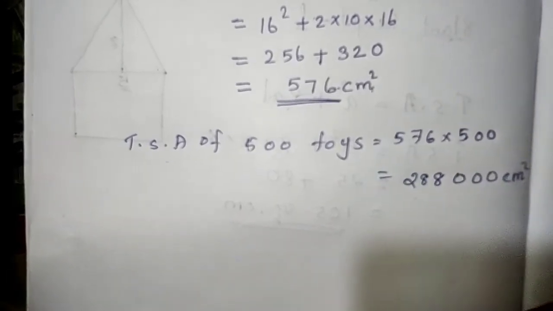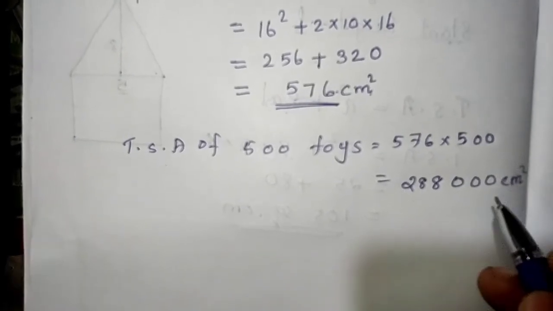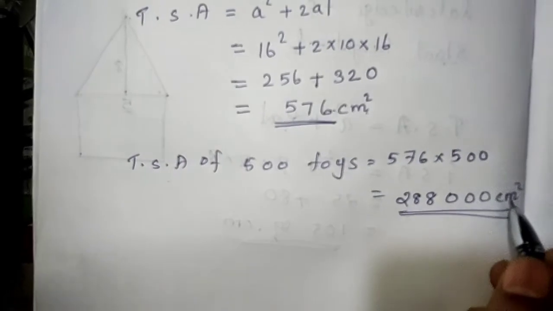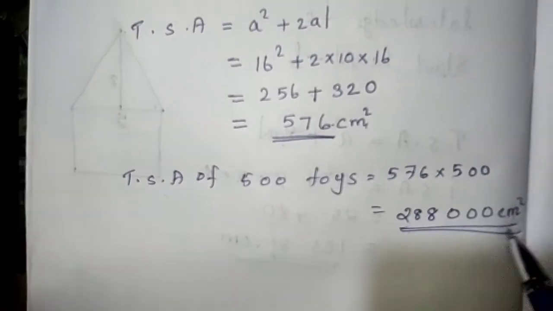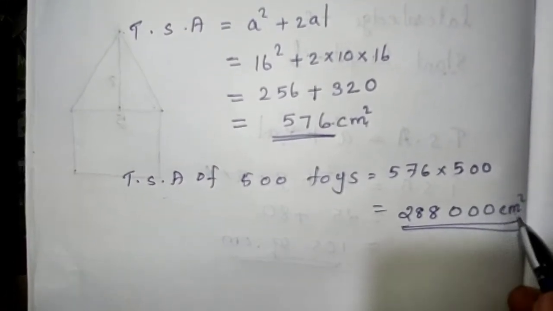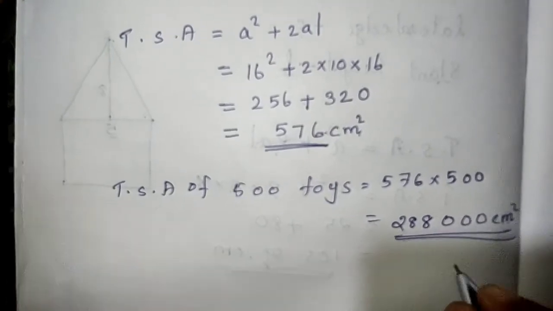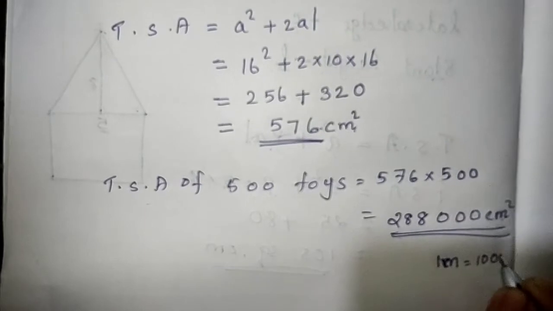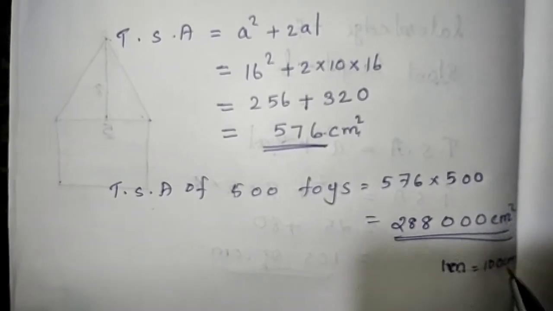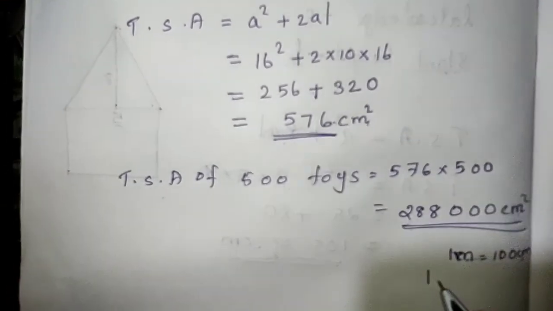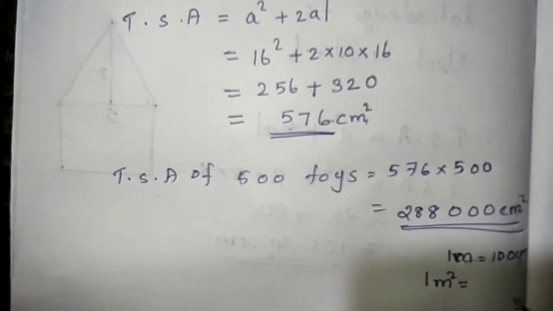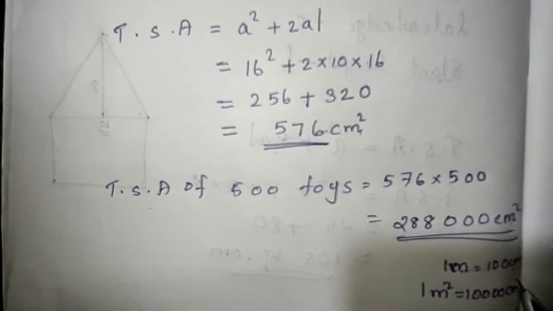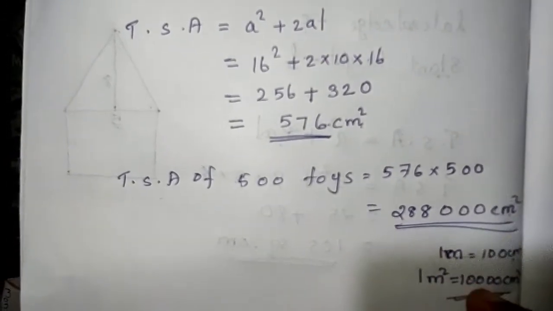And here we have to paint these toys. 1 square meter charges 80 rupees. Here we have centimeter square. Then how can we convert this into square meter? 1 meter is equal to 100 centimeter. Then 1 square meter is equal to 10,000 centimeter square.